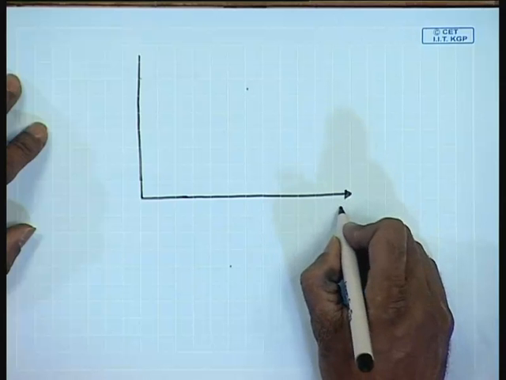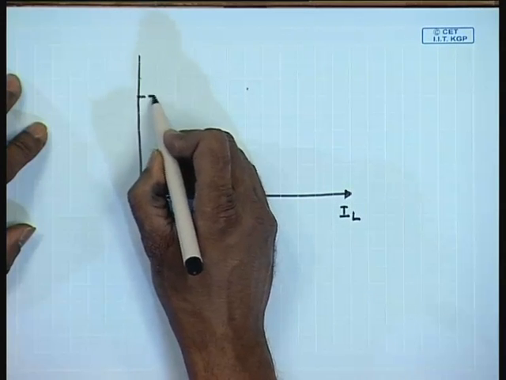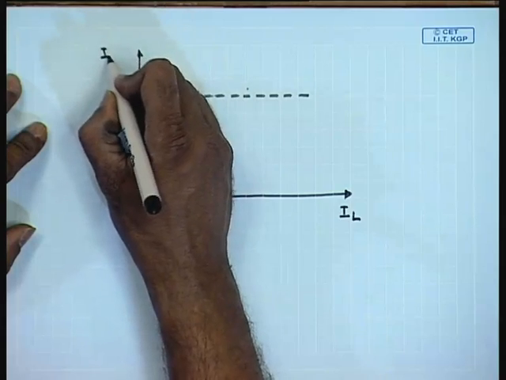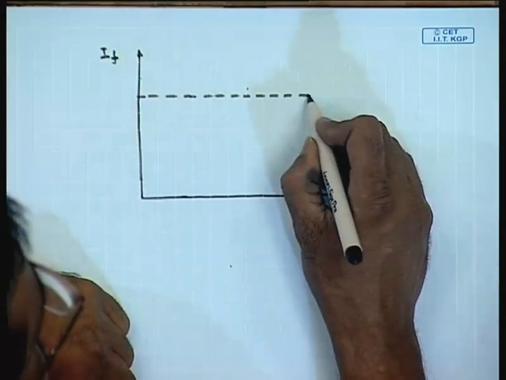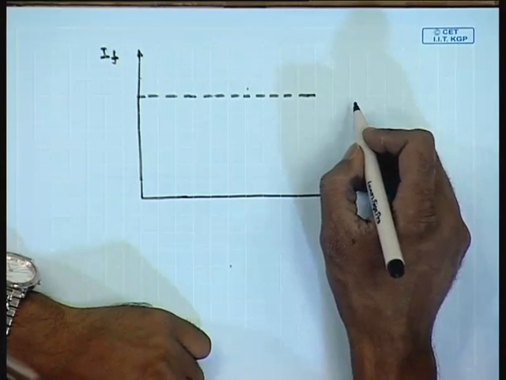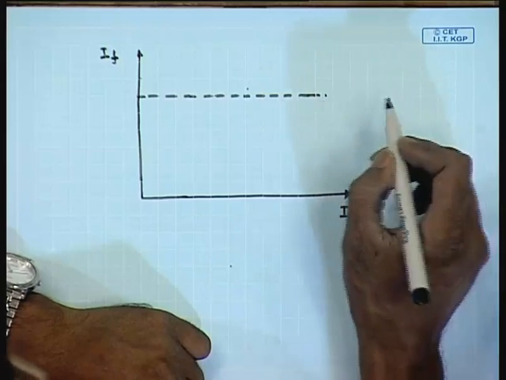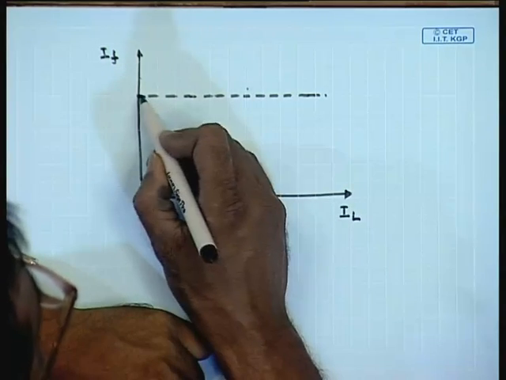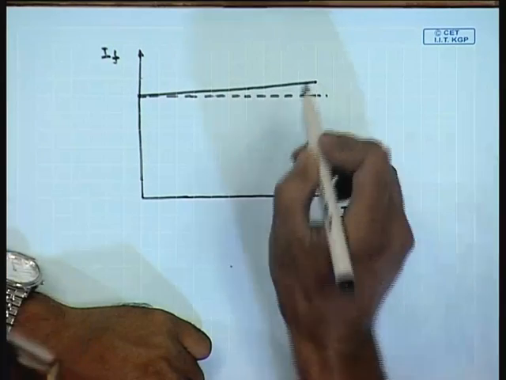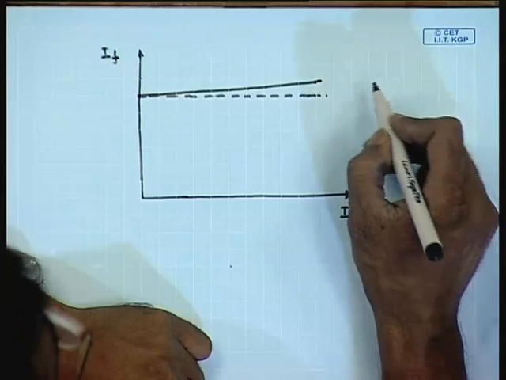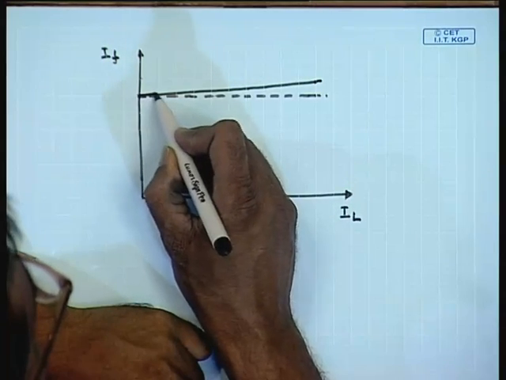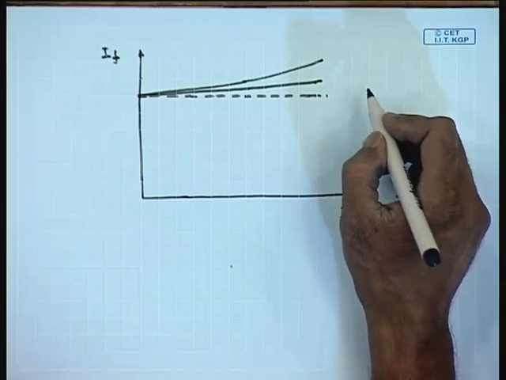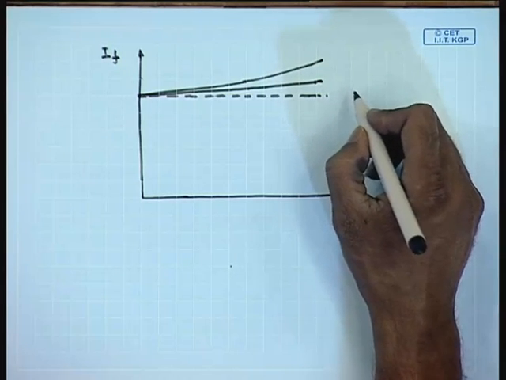So, this is a plot of I L versus I F. If there was no armature reaction, then in order to keep the terminal voltage constant at any load current, we have to compensate only for the armature resistance drop, and the characteristics would have been a straight line, but due to armature reaction some more increase in the field current will be required to overcome the drop due to armature reaction.